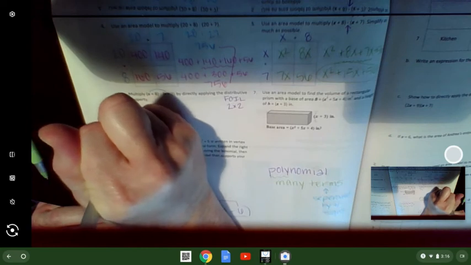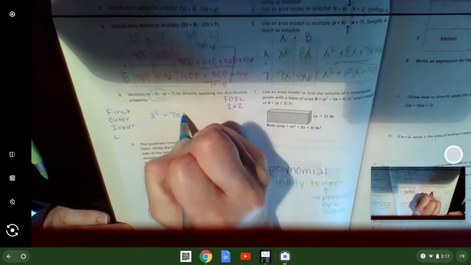FOIL means first. Multiply the first terms in each set of parentheses. So I have my x times x, which is x squared. The O in FOIL means outer or outside. Multiply the outermost terms together. So that would be our x times 7, which is 7x.